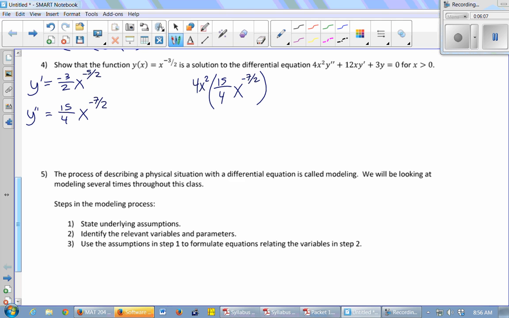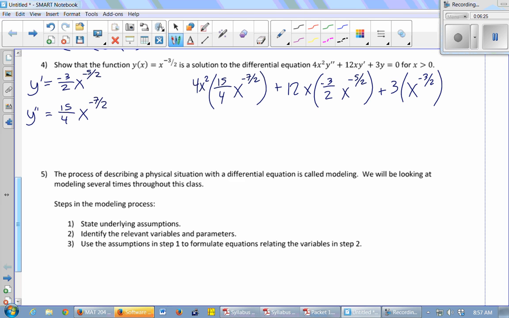So 4x squared y double prime, plus 12x, and then put in a y prime, negative 3/2 x to the negative 5/2, plus 3 times y, which is x to the negative 3/2. And I want to evaluate all that. Does it equal 0, if you simplify that whole mess on the left?